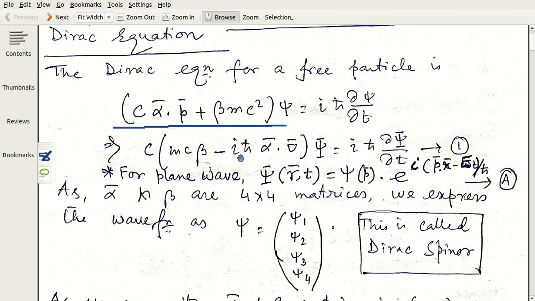As we know, for a plane wave function, just a bit of caution: use this psi here. It is just a typographical mistake by me. I used this big psi actually for the complete solution.